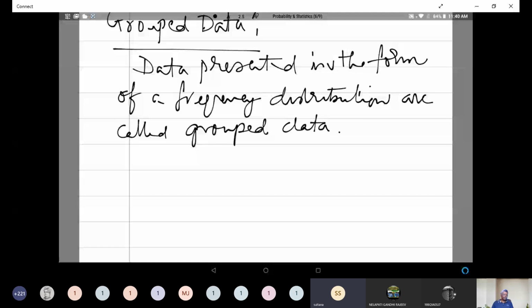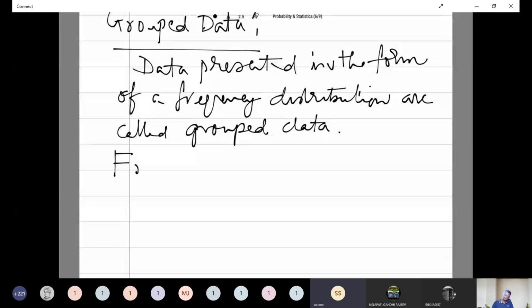And before going to note down the histogram, we have to define the frequency table. That is very, very important in this section. What is a frequency table?